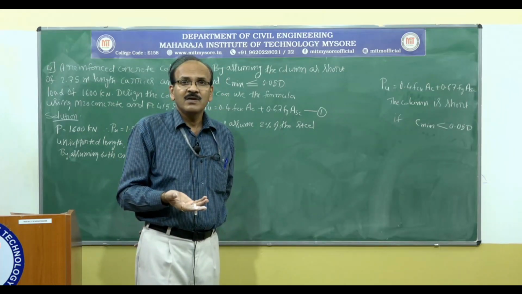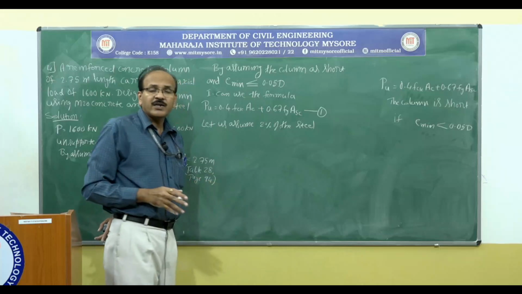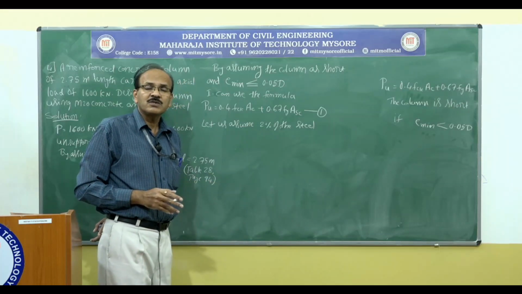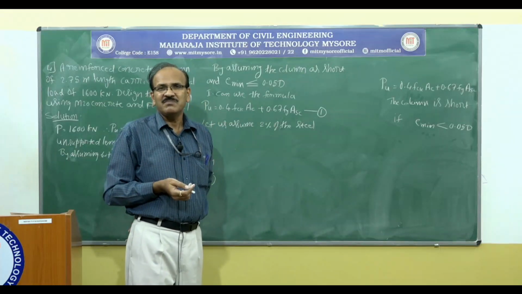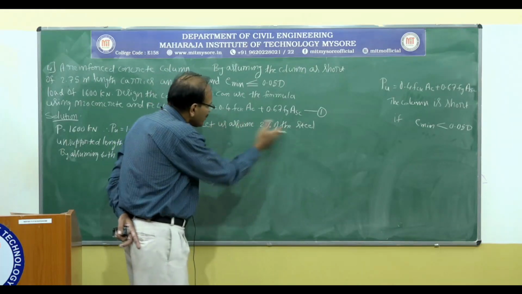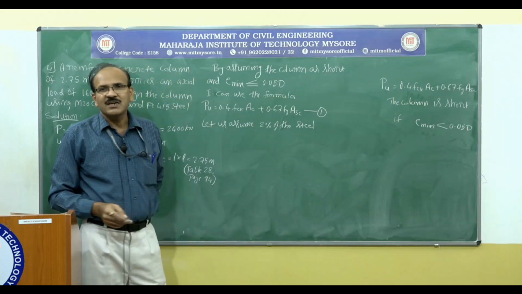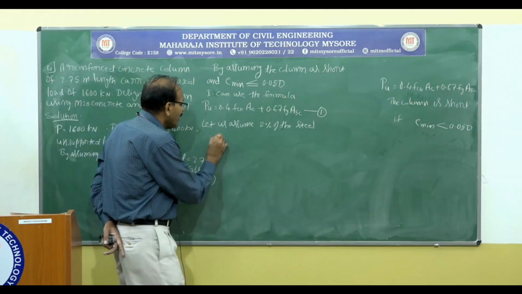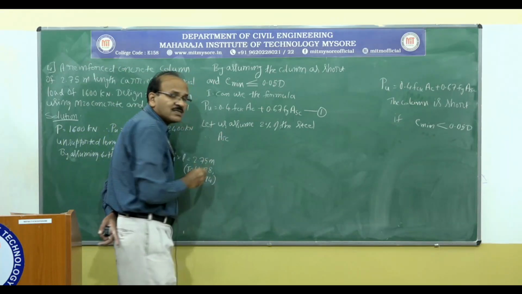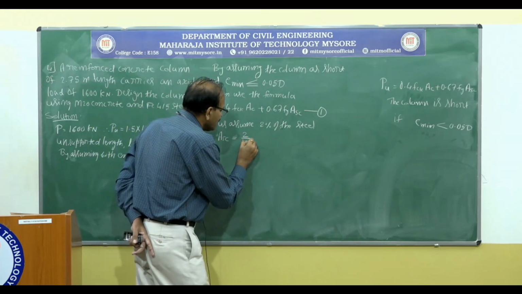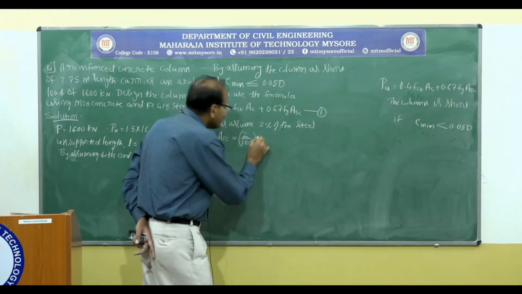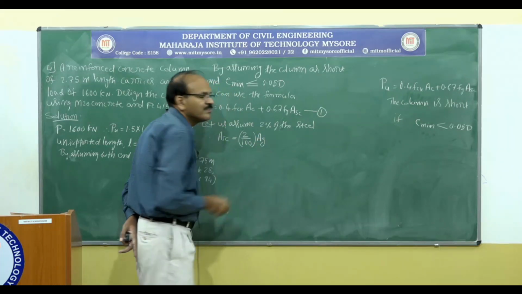So for columns under ordinary or normal loads, we assume some 1 to 2% of steel. Here I am assuming only 2%. Therefore, area of compression steel equals 2% of the gross area.